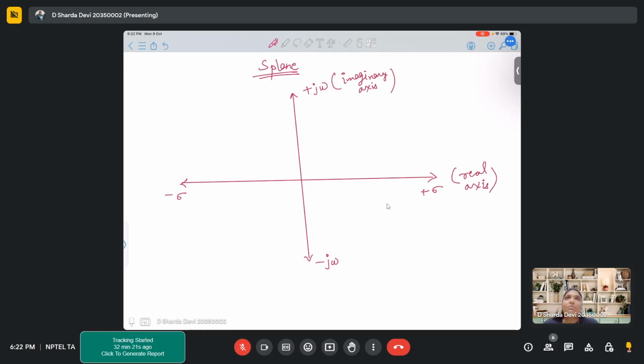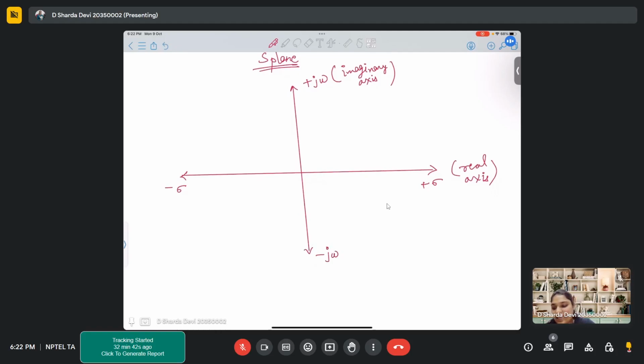While finding your transfer functions and your poles and zeros, you might have come across poles and zeros which sometimes appear in a completely real format, but sometimes they are in complex format, right? So you will place your poles and zeros in this particular plane, and this will basically decide the behavior of your system.